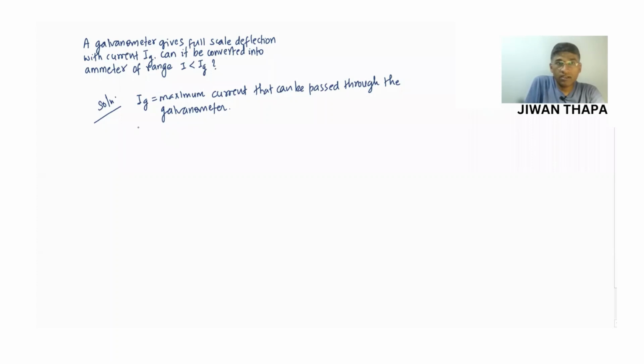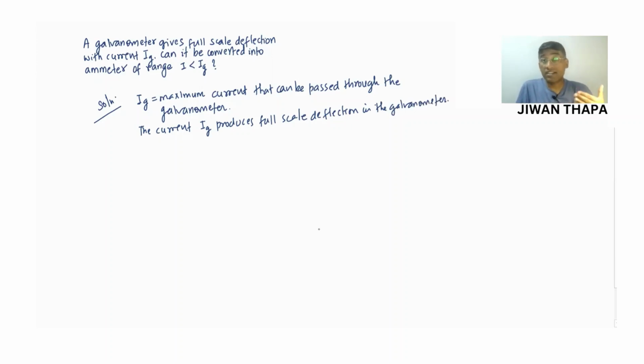And the current Ig produces full-scale deflection in the galvanometer. Now let us discuss the basic theory, okay?